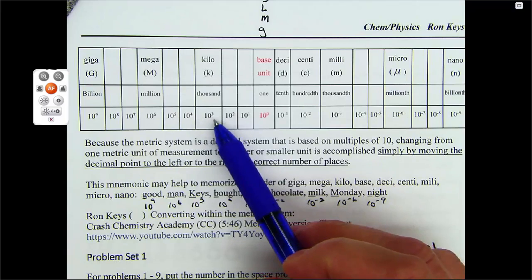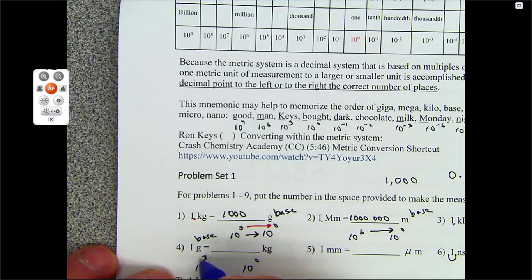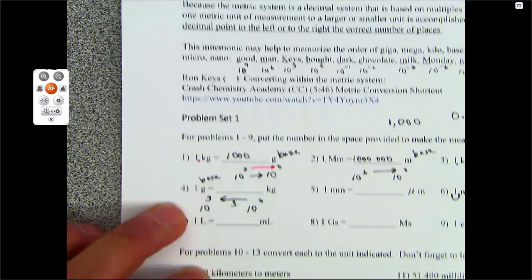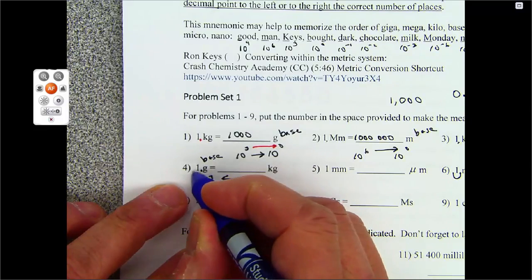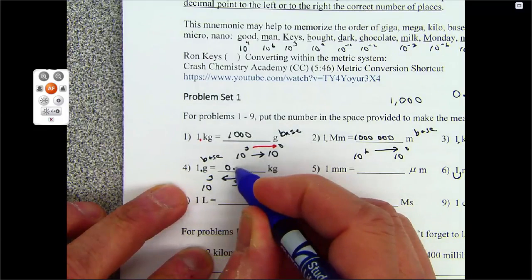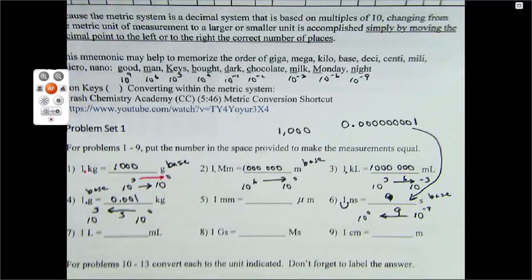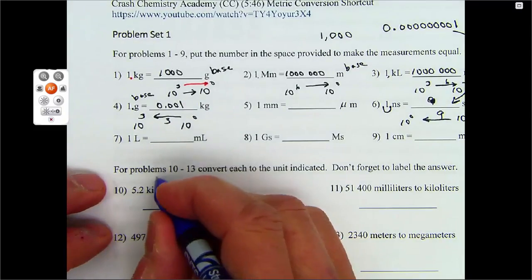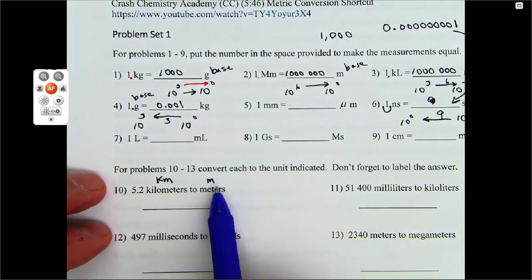Go to kilo, I got to go left 3. So if I go left 3, my decimal point's right here, I am going to get 0.001. And then let's put, this is kilometers, this is meters, so that's a base unit.